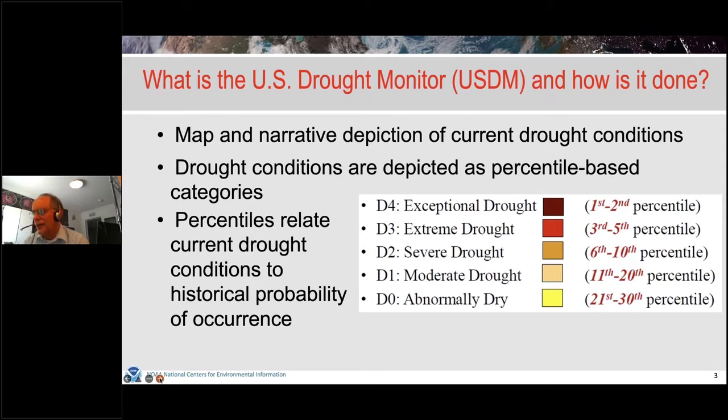And the percentiles reflect how the current drought conditions are related to the historical probability of occurrence, and you can see the percentiles there on the right. For example, a D2 severe drought, 6th to 10th percentile, is a drought that occurs on average 1 year out of 10 years to 1 year out of 20 or so. So it's a reflection or a description of how rare the drought magnitude is.